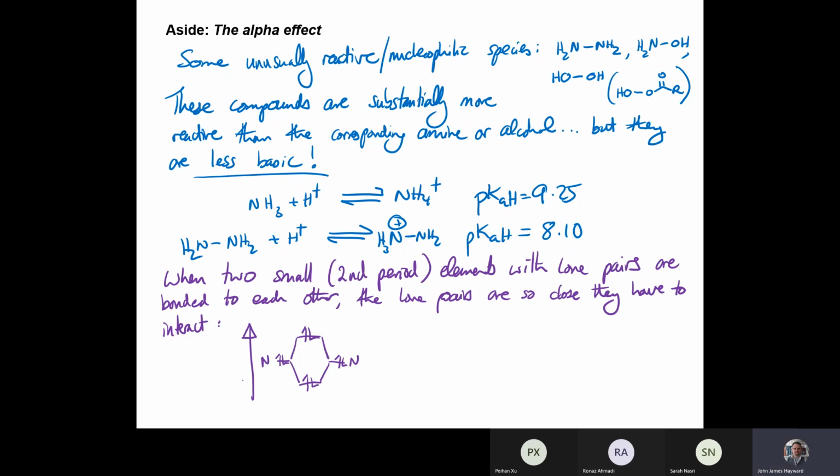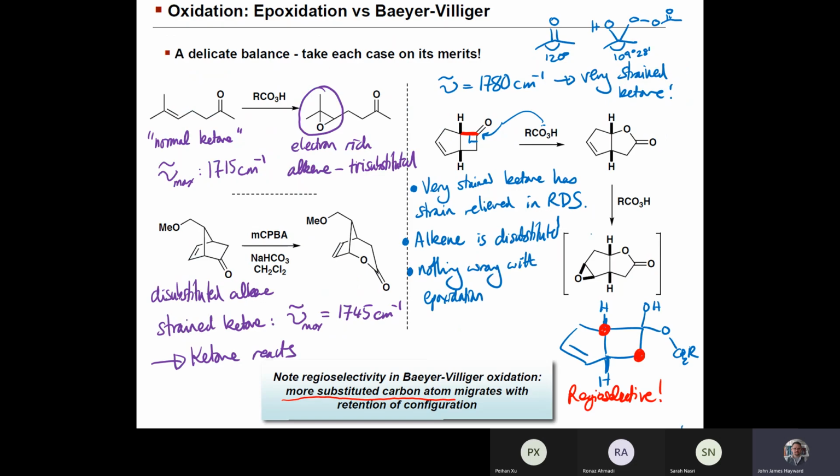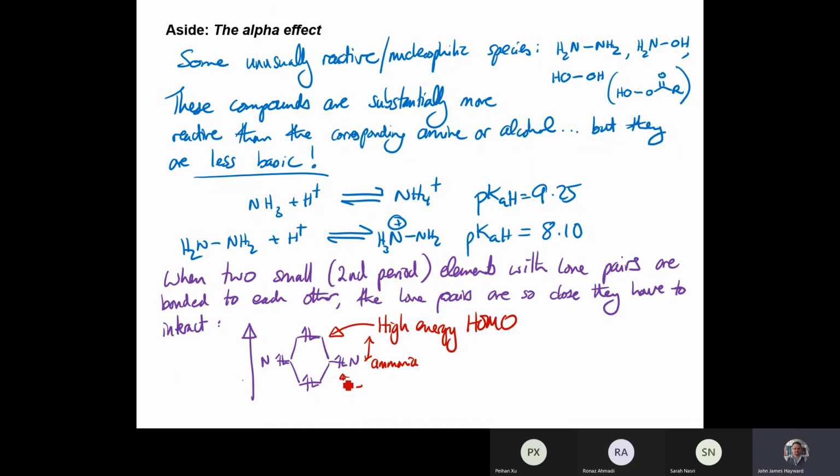What this means is that we have a new higher energy HOMO. And the difference here is the difference between ammonia, if you like, and hydrazine. Okay, this is the energy of nitrogen lone pair.